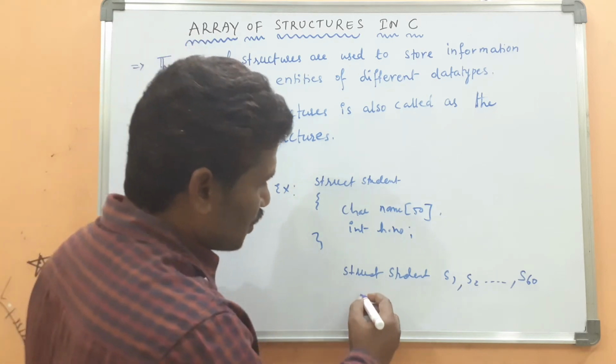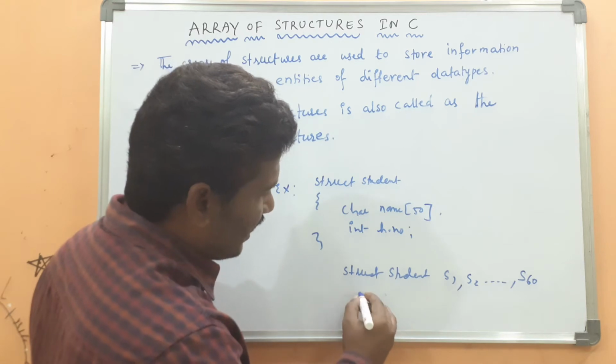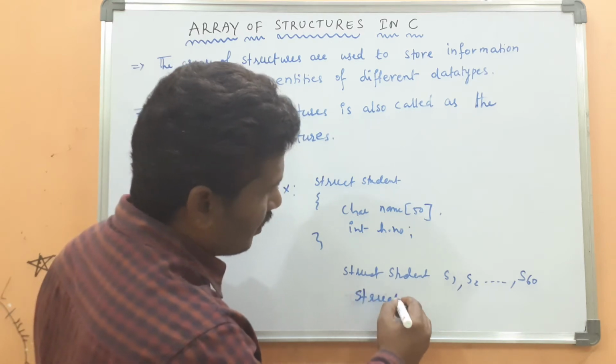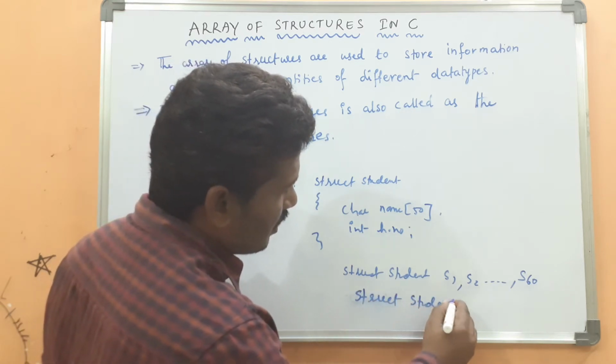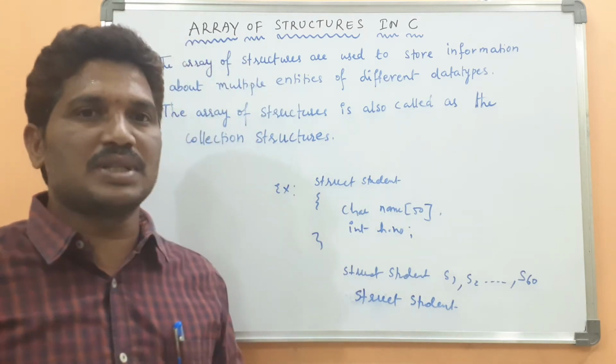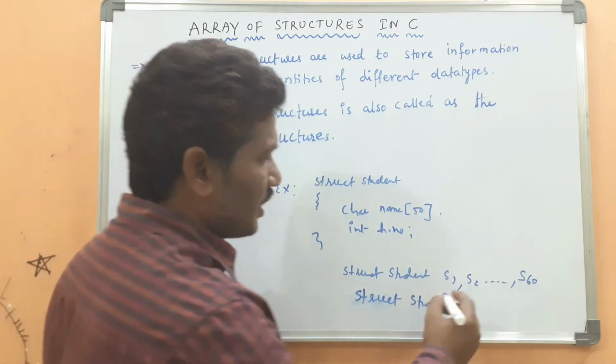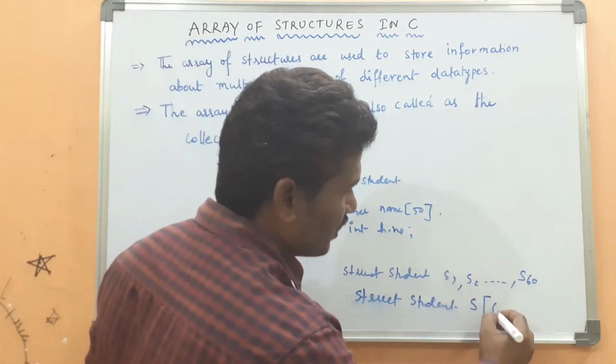Here, struct student, then only one structure variable is required to store 60 students' information: S of 60.